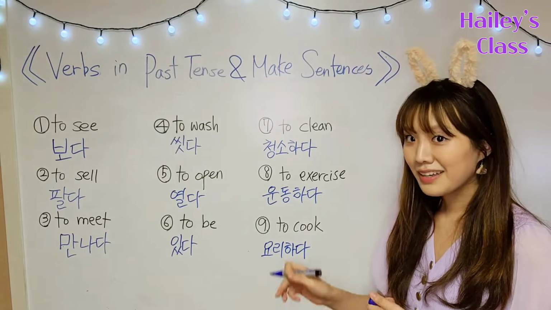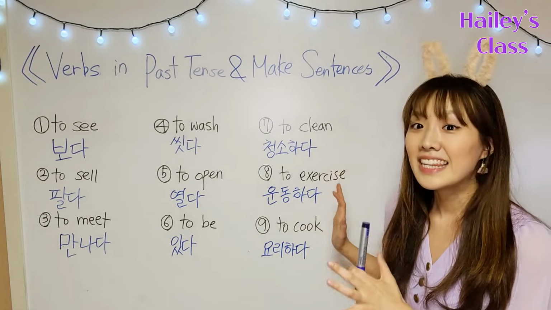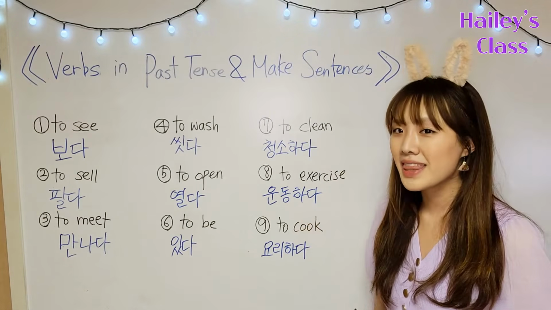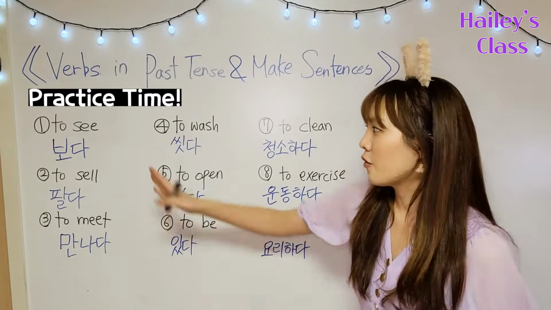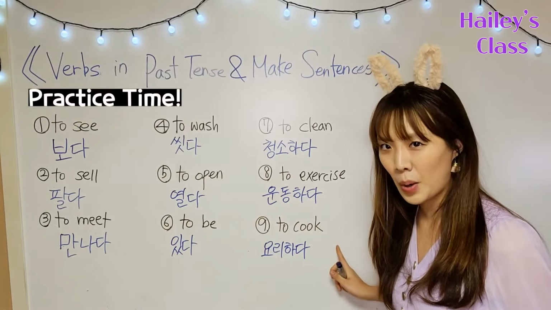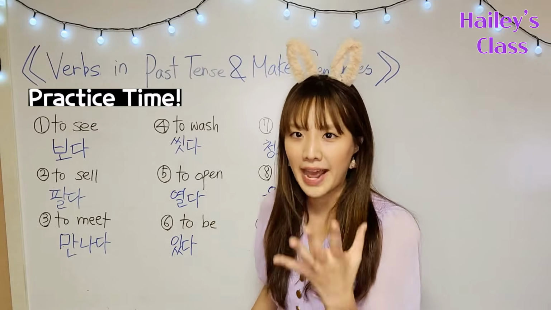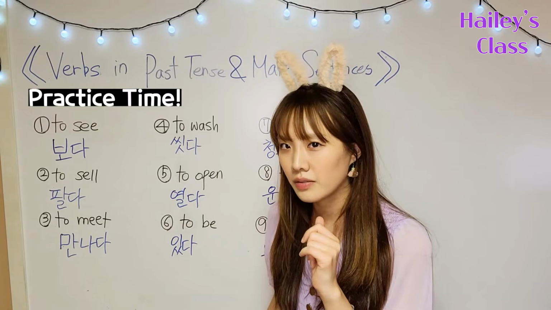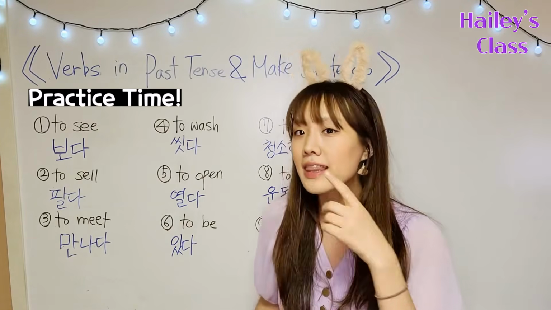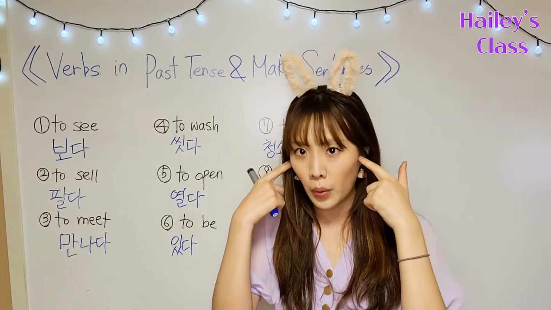Okay? Got it? Okay, so we've learned 9 verbs right now, and then let's repeat from the first to the last, okay? You have to pronounce it, okay? You're in the live class, right? You have to pronounce it, and then you have to listen to it by yourself, okay? Let's go.